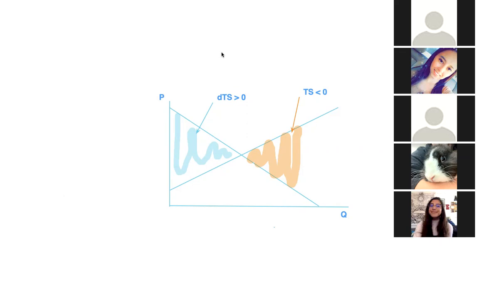I'm going to use this little spotlight tool. What I want you to do is think about if we're at Q equal to 0. Can you see my little red point there on the graph? Yes. Okay.